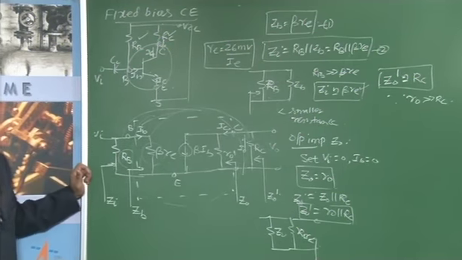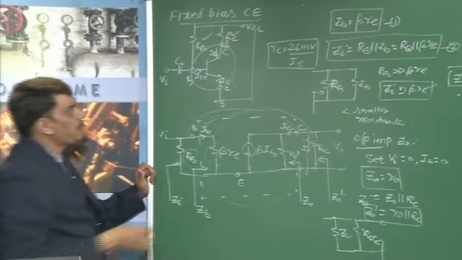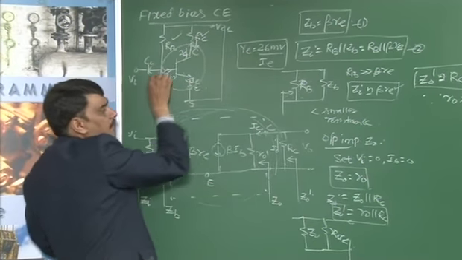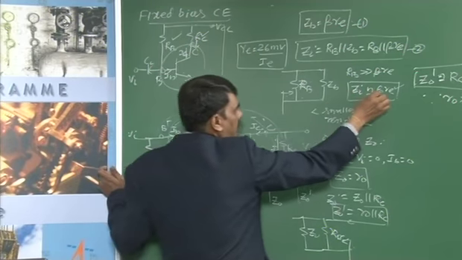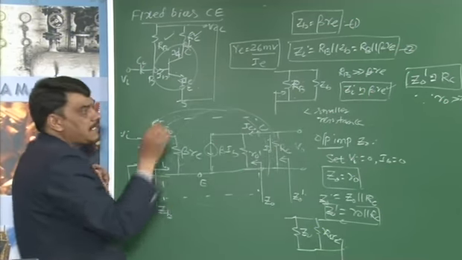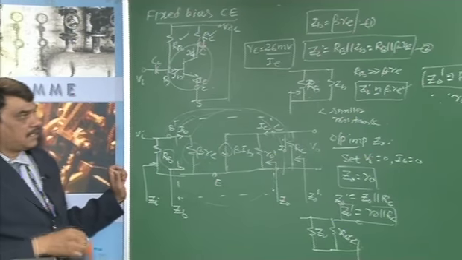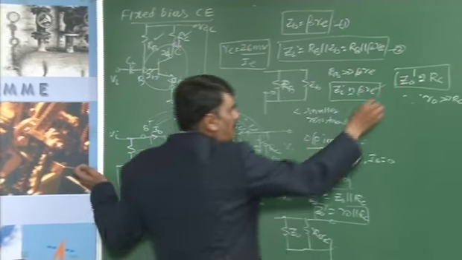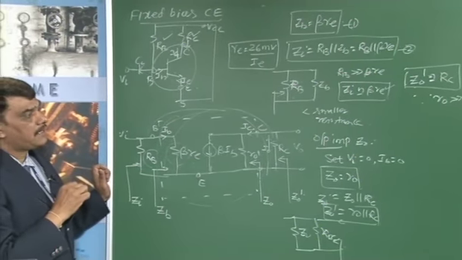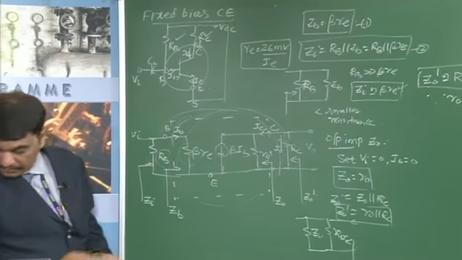We know the current flowing through the emitter, so we can determine Re from this circuit, and beta is given in the data sheets. We can easily identify it, and then you have to compare your results with what you measured. Similarly, for the output impedance of a transistor configuration, Z0 dash is approximately equal to RC.